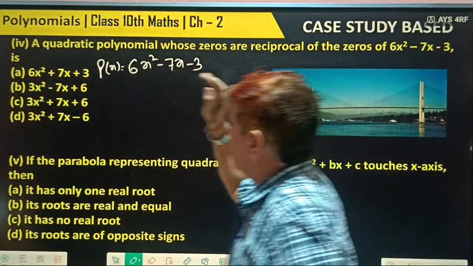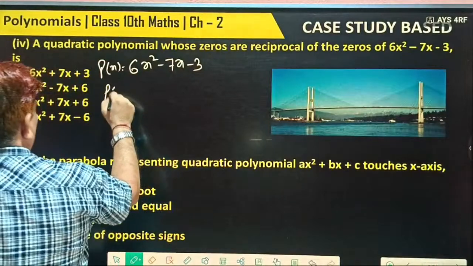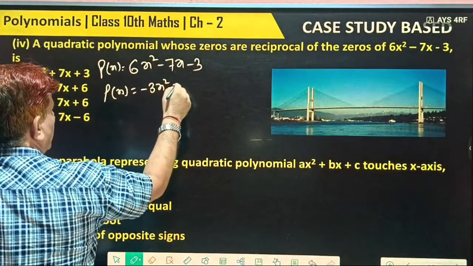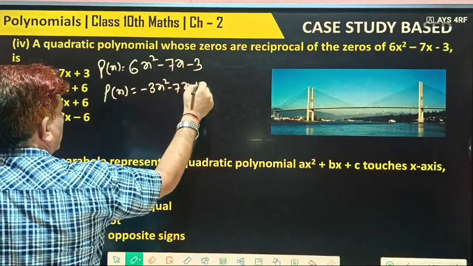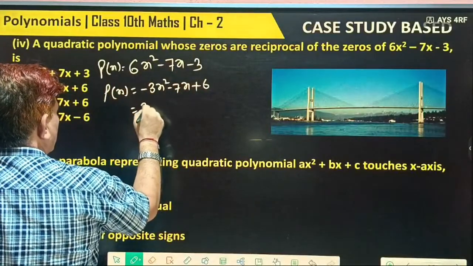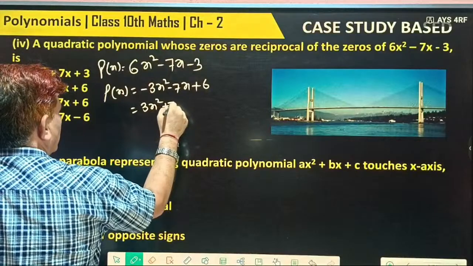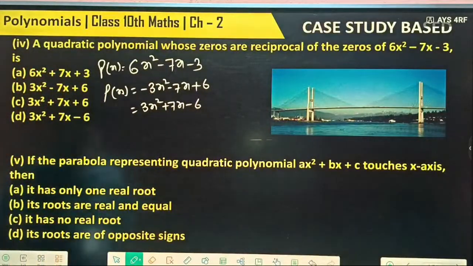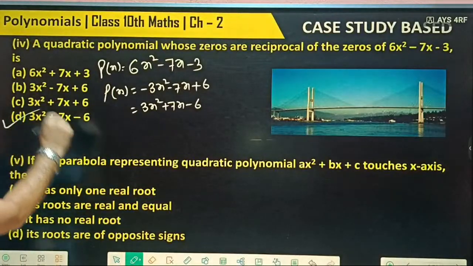Already I told you how you can find out. Start from this: minus 3x square minus 7x plus 6, or we can write 3x square plus 7x minus 6. So look, this is your answer.